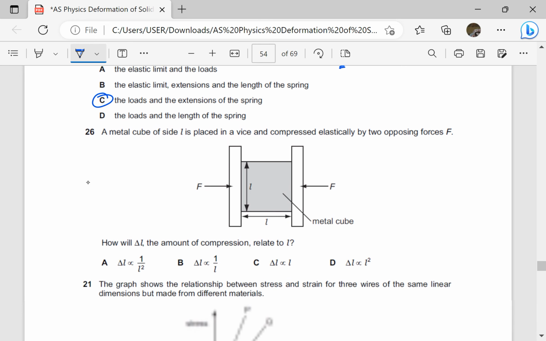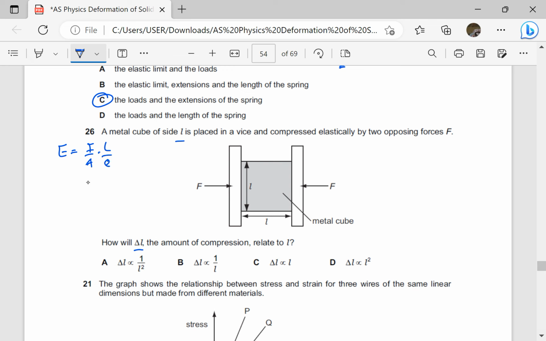A metal cube of side L is placed in a vise and compressed elastically by two opposing forces F. How will delta L, the amount of compression, relate to L? Let's evaluate this very well. Young modulus is equal to force over area times original length over extension.